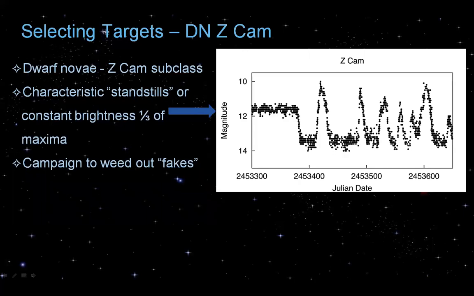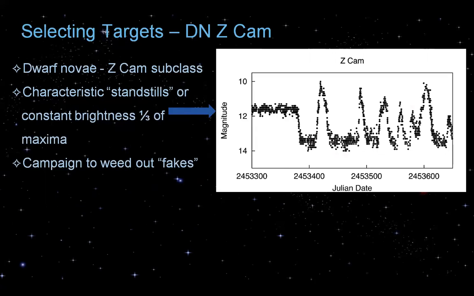Z-Cam stars are truly intriguing. Again, these are like recurrent novae, but they will brighten and dim and go through what is called a standstill, as you see on the screen there on the light curve, just next to that blue arrow. It just completely flatlined. And interesting, all of these Z-Cam stars, when they do go into flatline, stay at a magnitude which is approximately 1/3 of their maximum magnitude, and no one knows why.